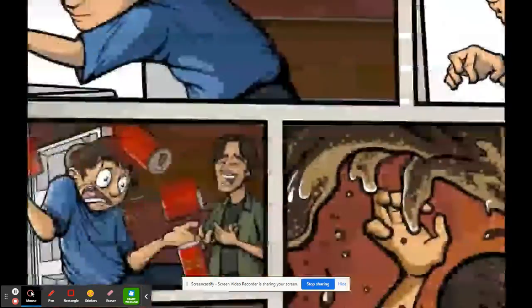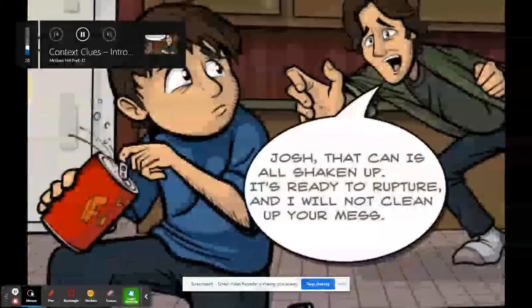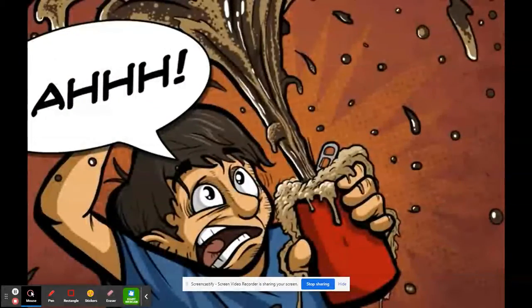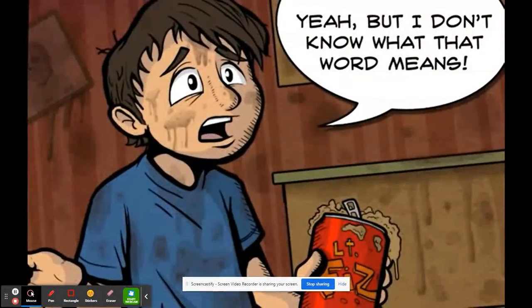Boom! Sorry, Josh. I couldn't help myself. Josh, that can is all shaken up. It's ready to rupture, and I will not clean up your mess. I just told you it was ready to rupture. Yeah, but I don't know what that word means.